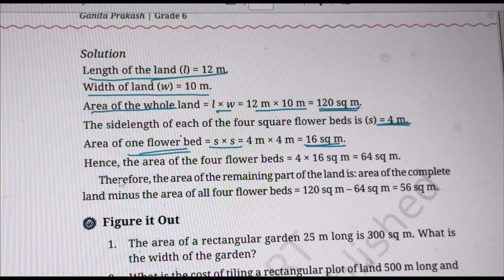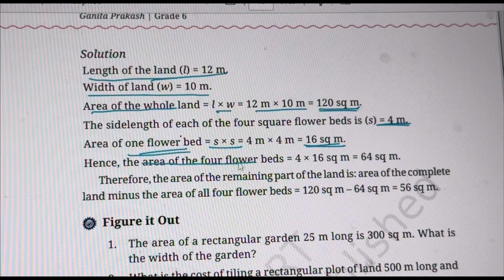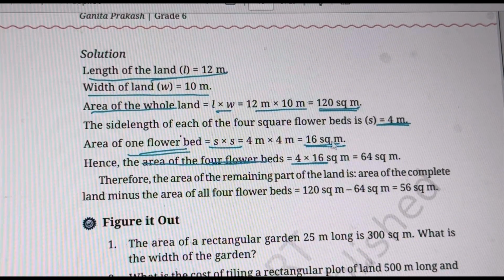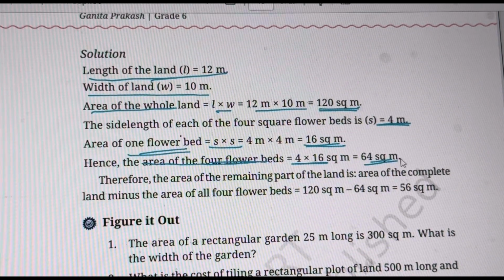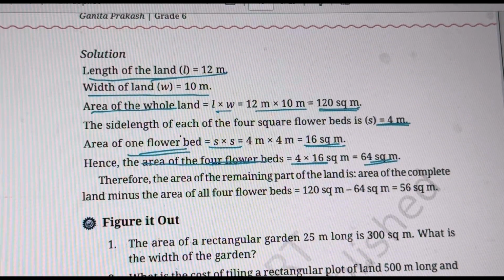For finding out the area of 4 flower beds, we multiply 16 by 4. So 4 multiplied by 16, that is 64 square meter will be the area of the 4 flower beds, right? Then what they have asked is the area of the remaining land.